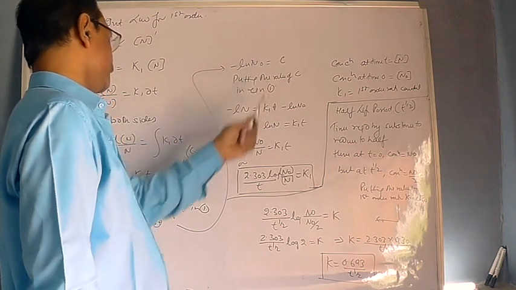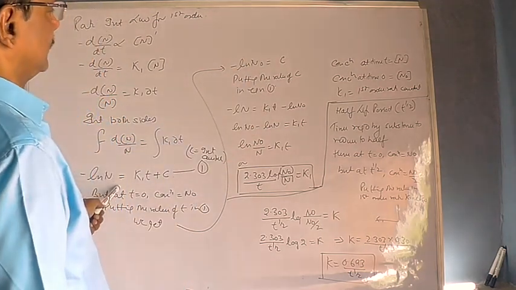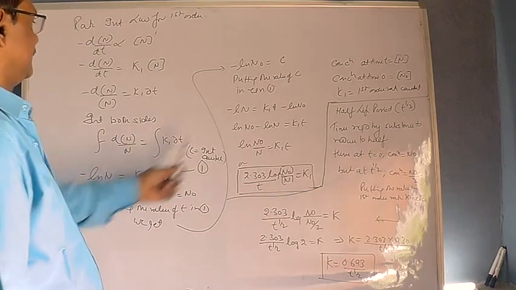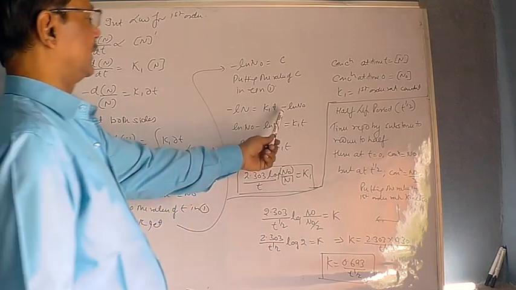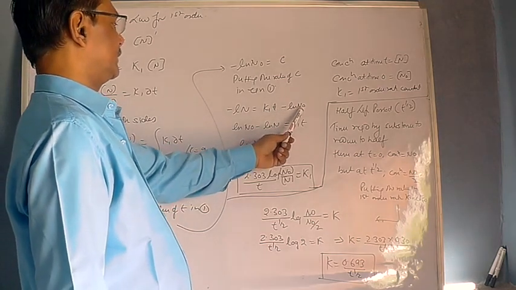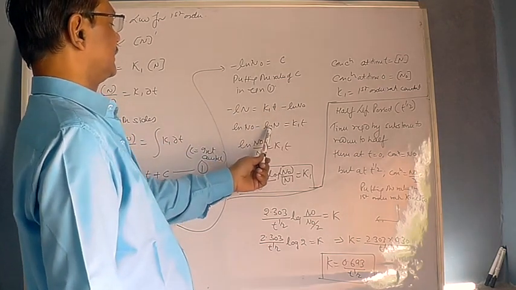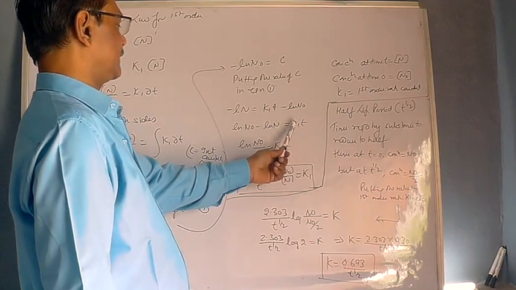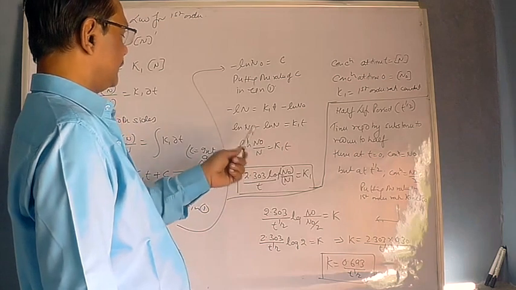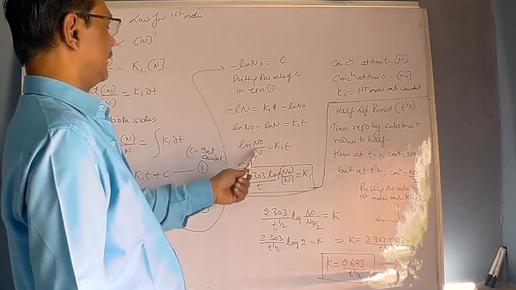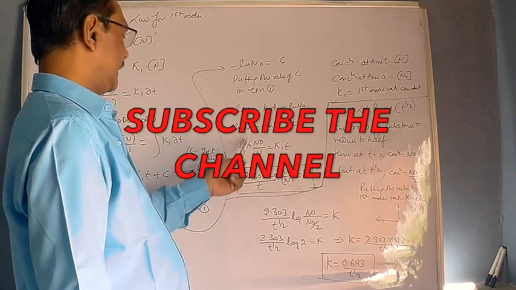Now we put this value in equation 1. So minus ln n equals k1t, and in place of c we write minus ln n0. Next step, bring it here: ln n0 minus ln n equals k1t. In log, subtraction means division, so we can write ln n0 by n equals k1t.